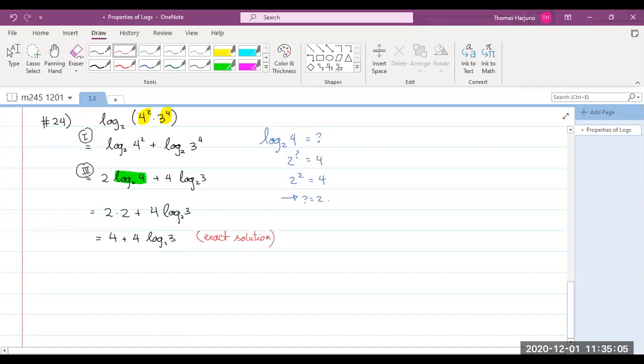Now, if you want to compute that using a calculator, then you go ahead. But here they just want us to simplify to the point that we get the exact solution. And the next thing after this is just simply calculator.